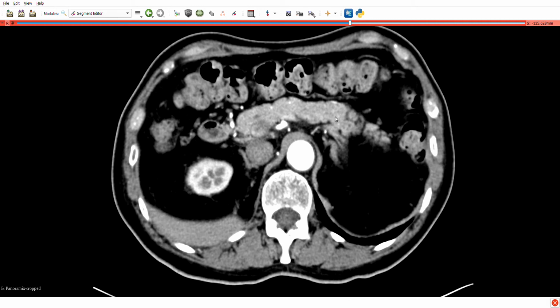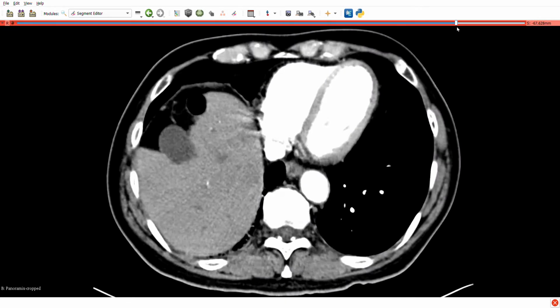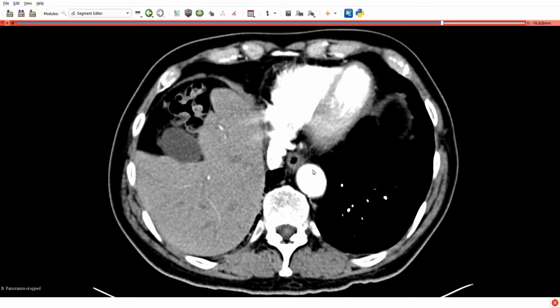Now let's look more closely at the three major branches of the abdominal aorta going to the gut, as well as some of their other important branches. So going back up towards the top, follow the aorta down and let's look for its first branch.